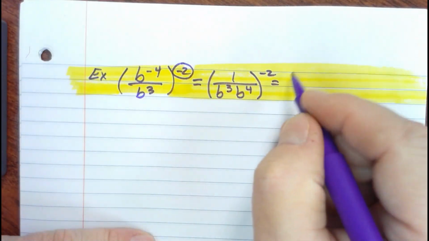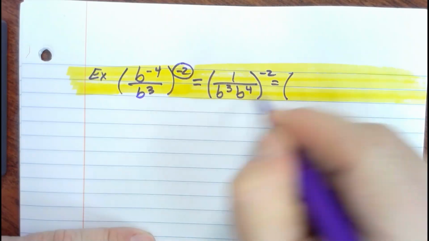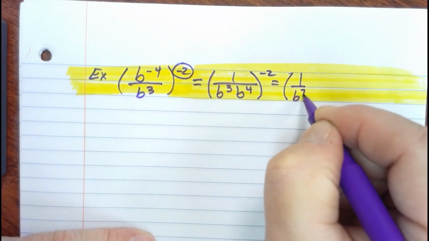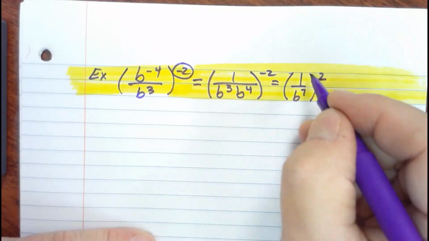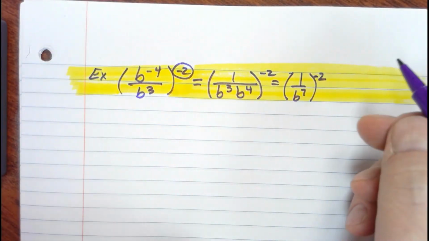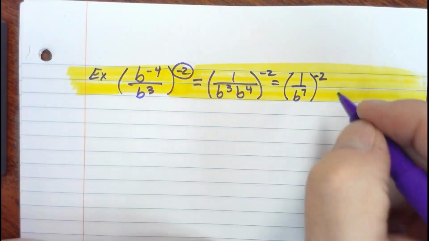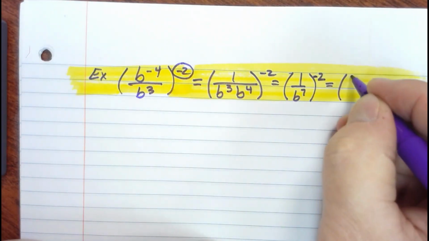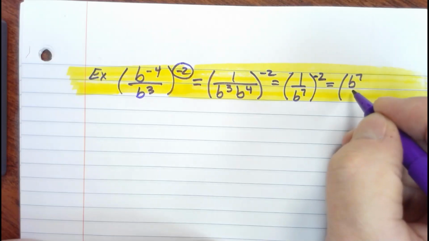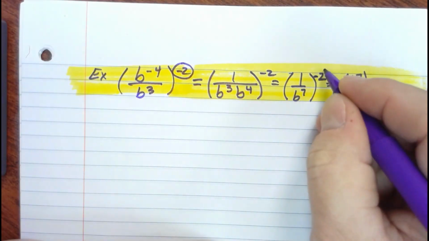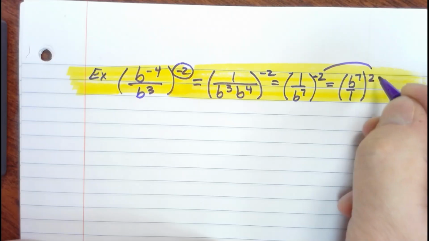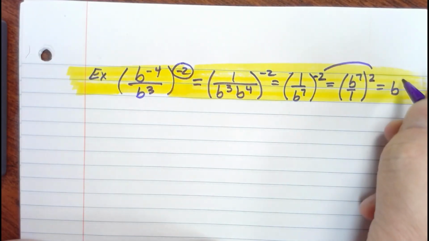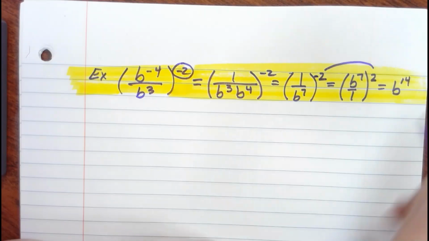This is going to give me, then, simplifying the inside, 1 over b to the 7th to the negative 2, which is going to allow me to flip that to b to the 7th over 1 and take this exponent and make it now positive for a final answer of b to the 14th.